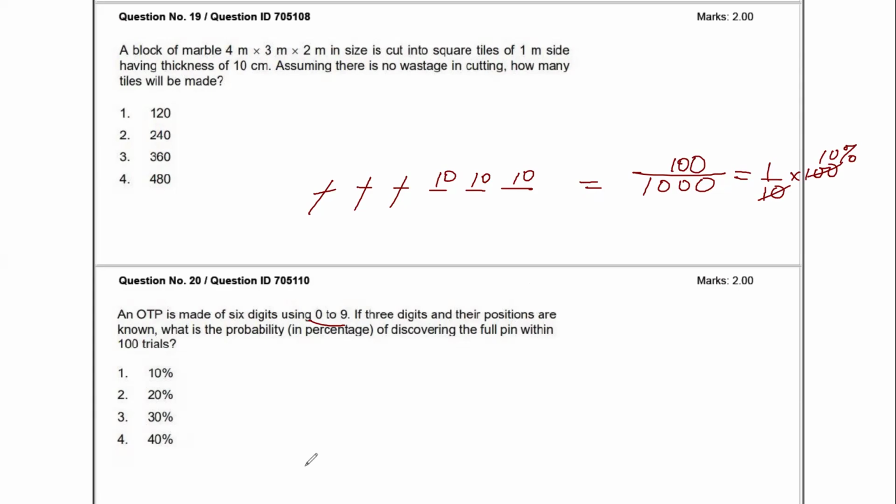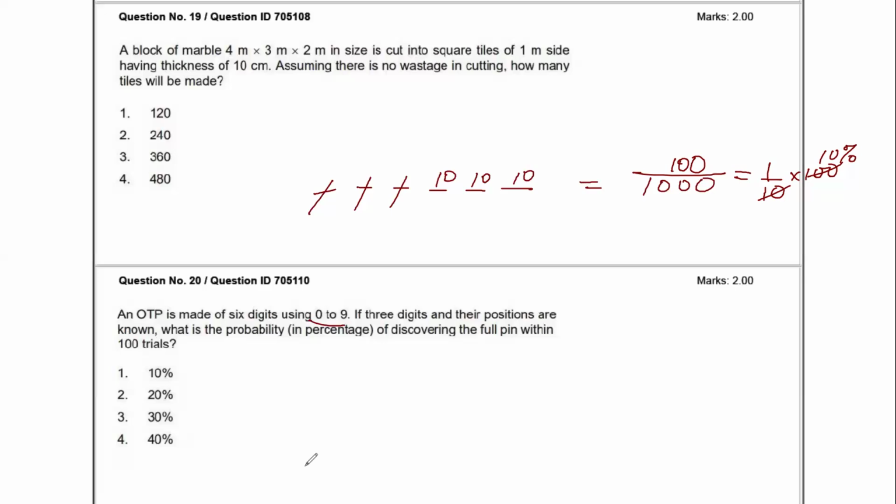You try 100 times, and there are 1000 possible outcomes. So in 100 trials, there's a 10% chance that you get it, but there's a 90% chance you don't get it, right? So that's how you need to think in such questions.